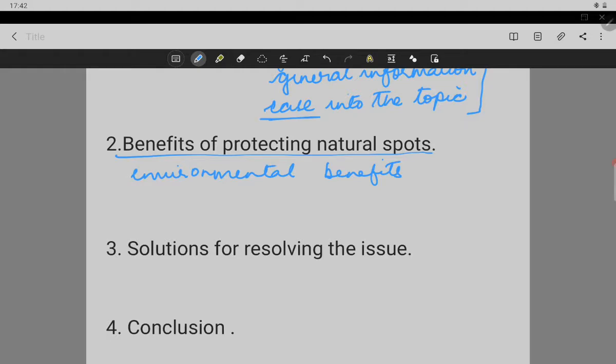So, environmental benefits and benefits to humans. There will be other benefits to humans, such as de-stressing, such as areas to bond in, areas away from technology where people can spend time with family and friends. So we can talk about environmental benefits and other benefits to humans in the second paragraph.